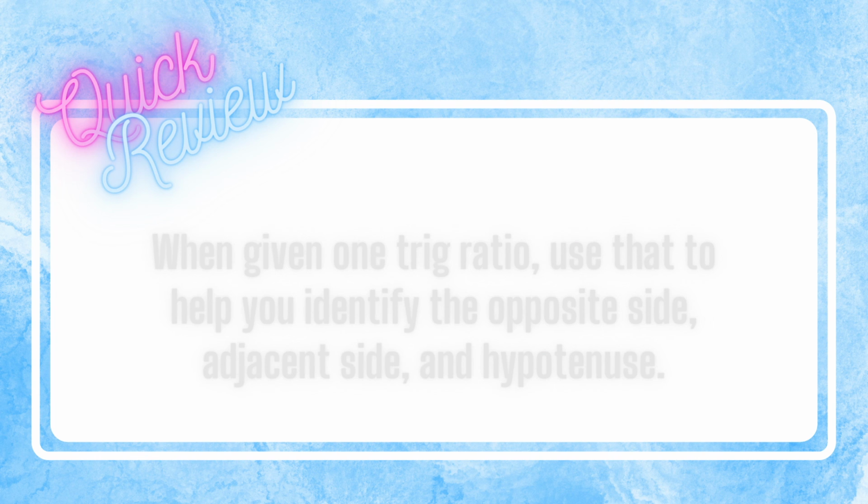When given one trig ratio, use that to help you identify the opposite side, adjacent side, and hypotenuse. In these examples, we use the Pythagorean theorem to find any missing side lengths. After that, we were able to set up our remaining trig ratios.